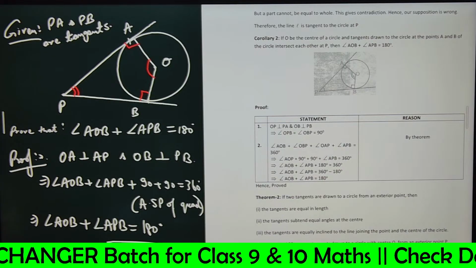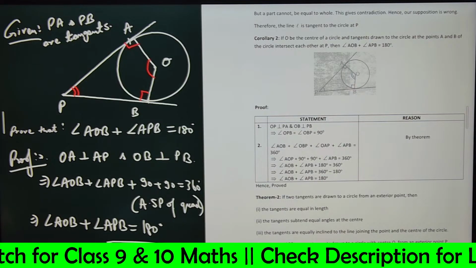How can I repeat? You can rewind and see two minutes, three minutes back.